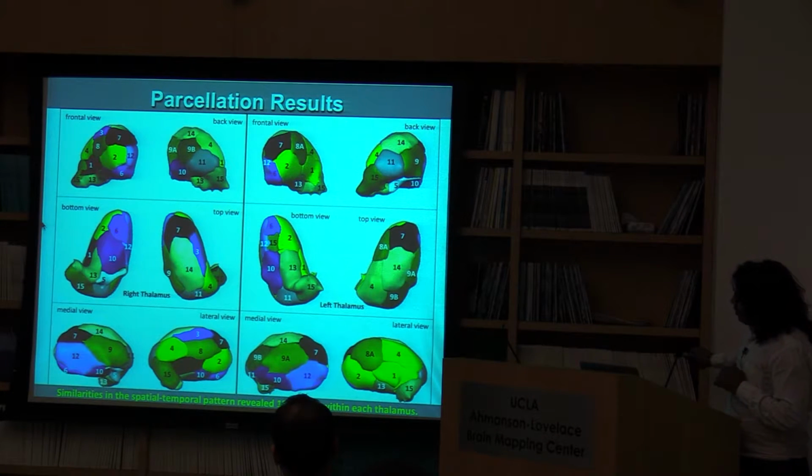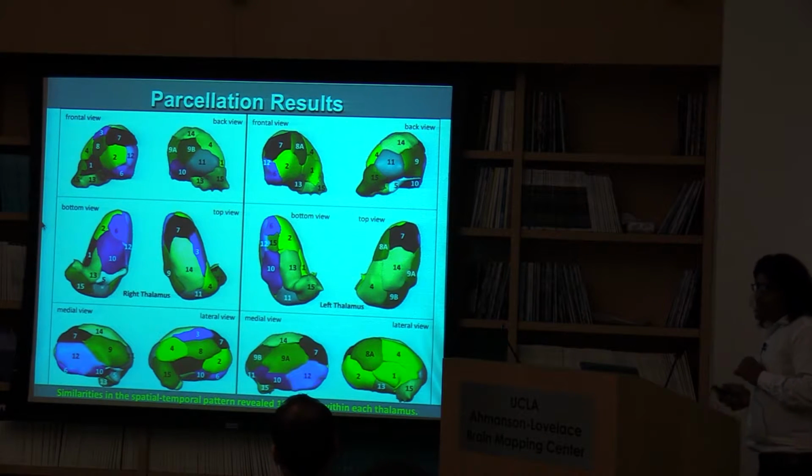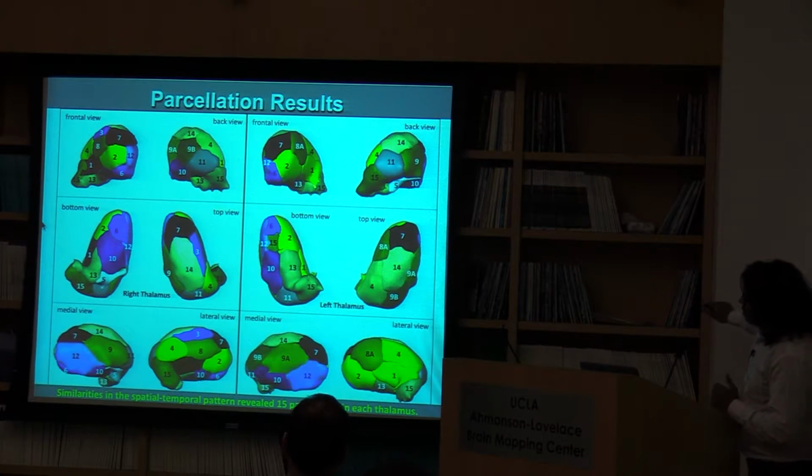The spatiotemporal similarities revealed 15 parcels within each thalamus. In addition, we also observed that the parcels show laterality differences. For example, parcel 2 appears at a similar location in the right thalamus as well as in the left thalamus, but differs in size and spatial distribution.